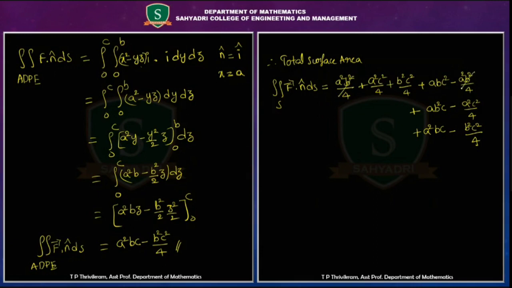So a square b square, a square c square, b square c square get cancelled. So what will remain? abc square plus ab square c plus a square bc. So the surface integral f dot n cap ds, take it as equation 3.